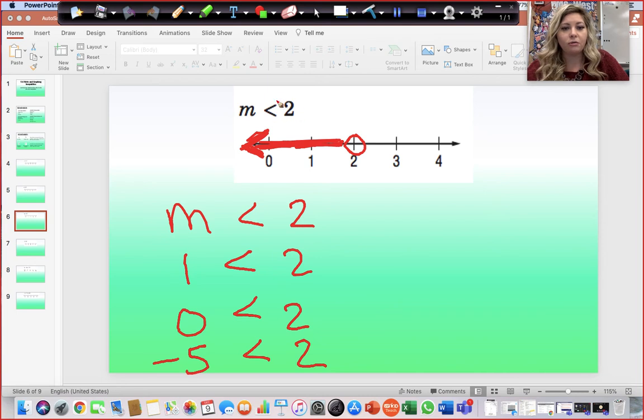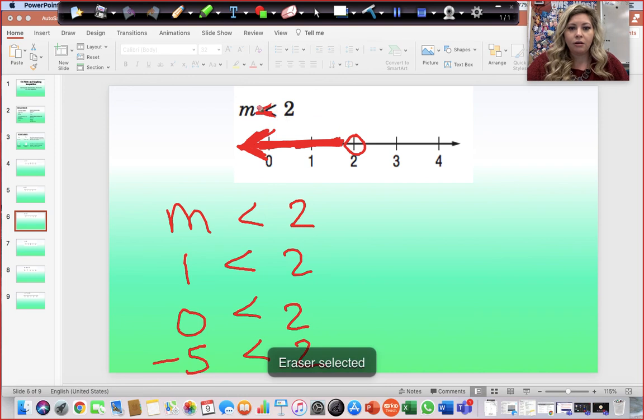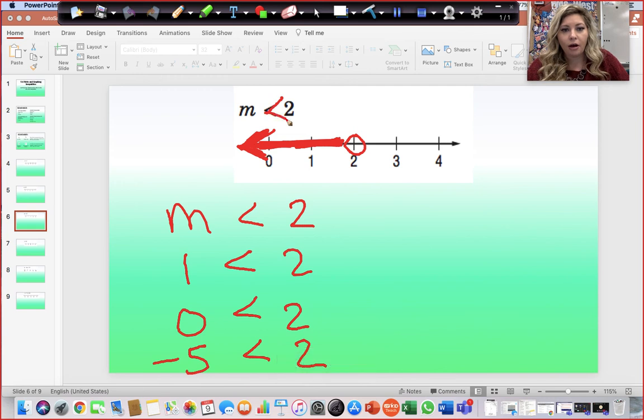So notice that my symbol is going in this direction, so then I'm shading my arrow in that same direction. Okay, so let me show that again. If our variable is on the left, we are shading our arrow in the same direction that your symbol is going.